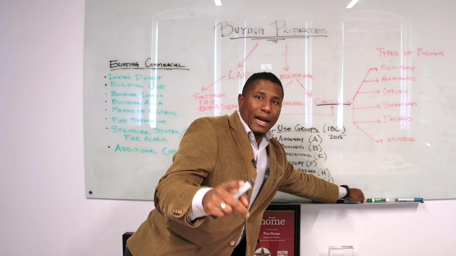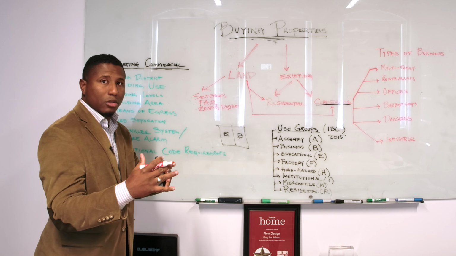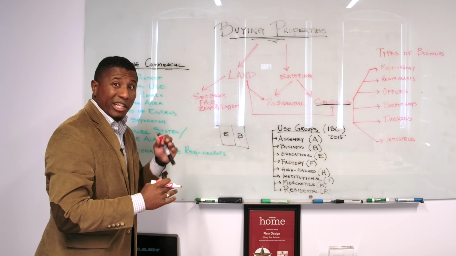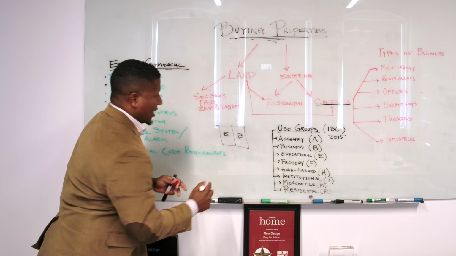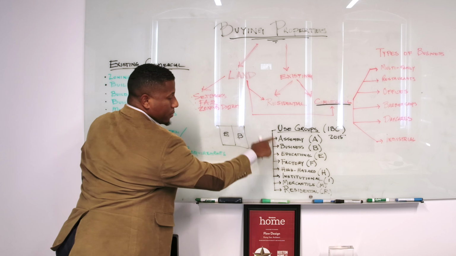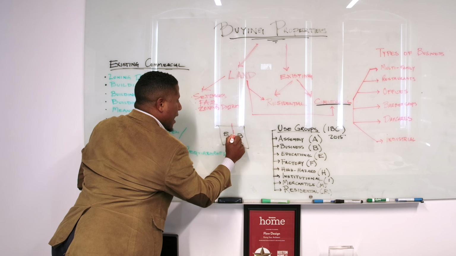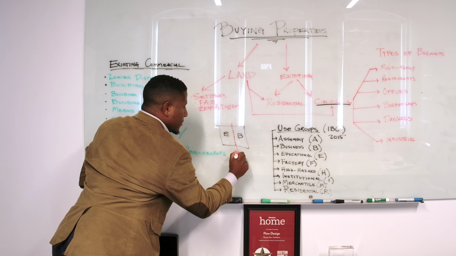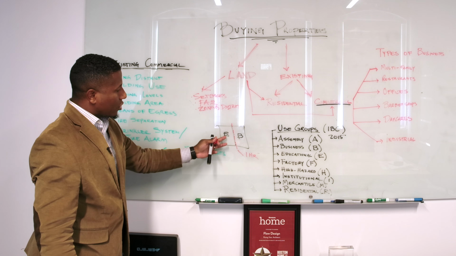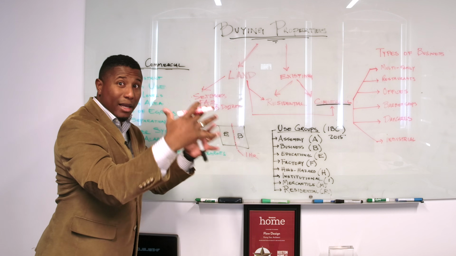The building code might say, and this is just examples, you need to go back into the building code to get familiar with the specific numbers, but this is just an example. The building code might say that between use group educational and business, you need to have a 1 hour fire separation between the two use groups within that building.